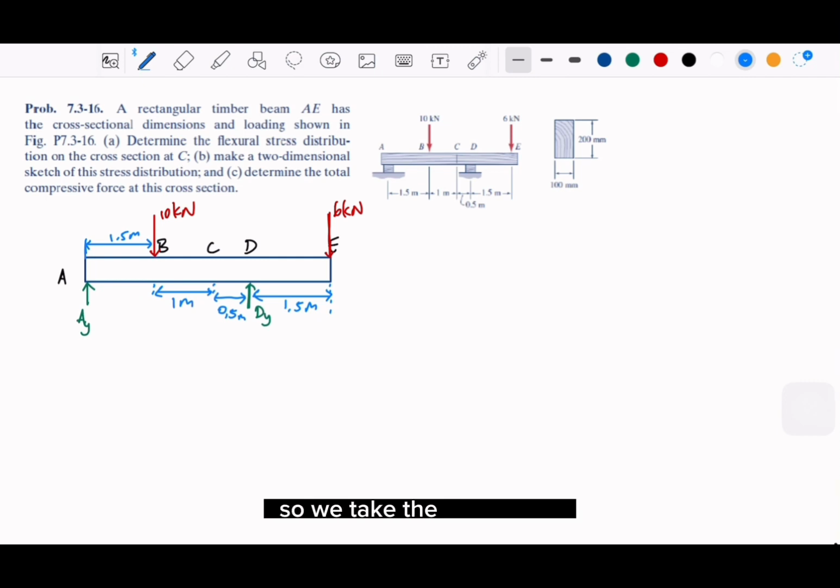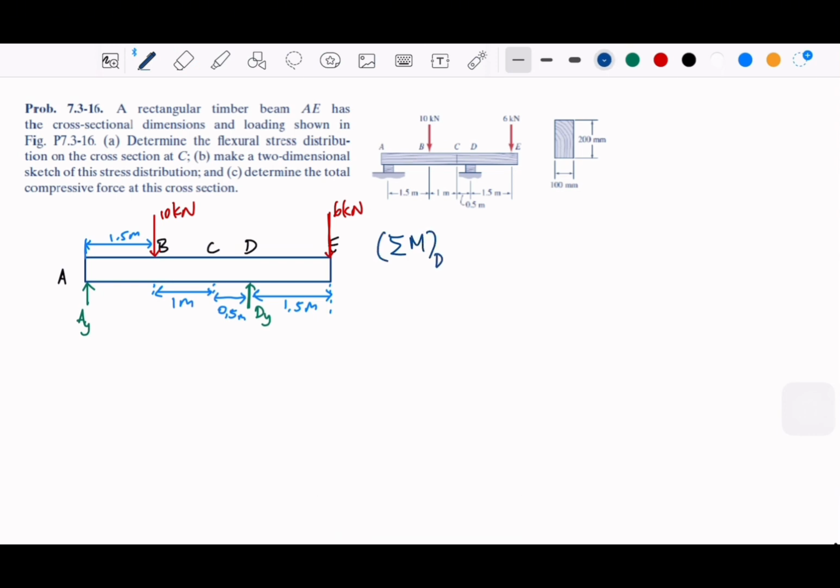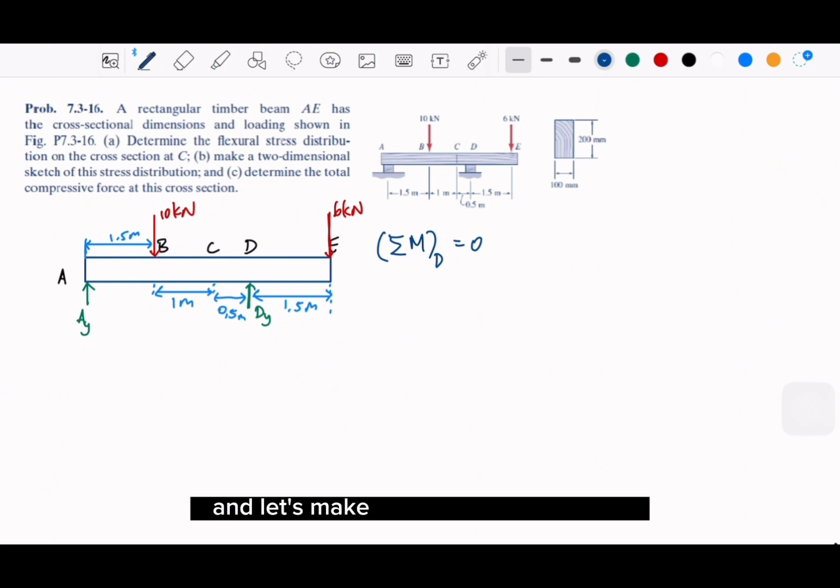Okay, so we take the statics first. We compute the sigma F and sigma M. Let me just take moment first. So take moment, let's say taking D, so we are getting the AY. So let's take this equal to 0, and let's make this part positive.